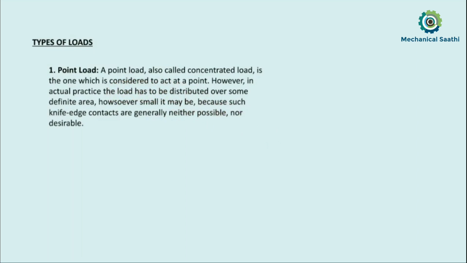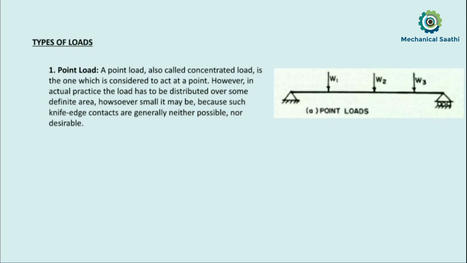A point load, also called a concentrated load, is one which is considered to act at a point. However, in actual practice, the load has to be distributed over some definite area, however small it may be. It may be very small, but it will require some definite area, because such point contacts are generally neither possible nor desirable.